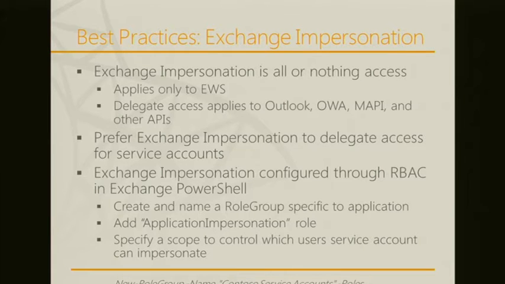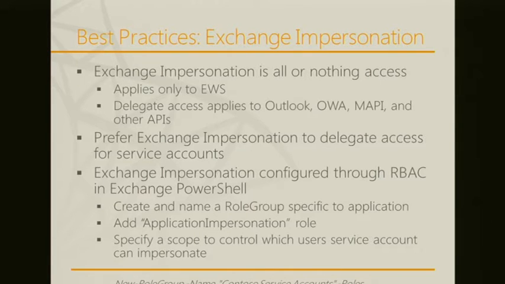Delegate access, in converse, lets you define that only a specific part of my mailbox or my folder can be accessed, but again, it's a one-on-one relationship that you have to set up to do that. We recommend that you use application impersonation when you are accessing service accounts.